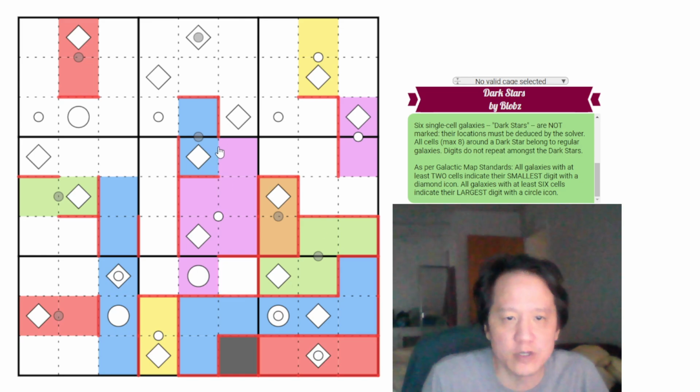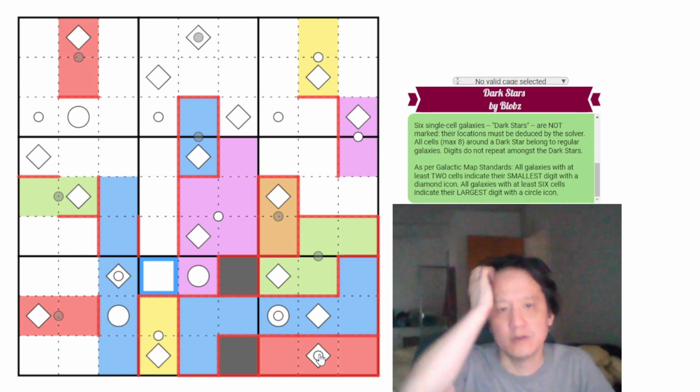Which means we know this is blocked, so this is contiguous. It cannot be part of this, so this square is also a dark star. So we have two dark stars now. We don't know about that one.